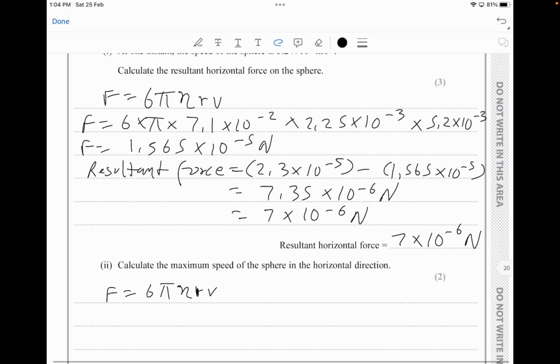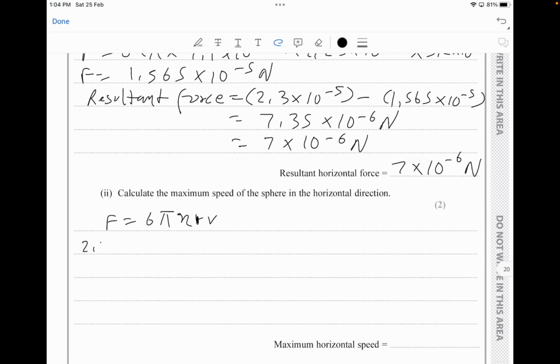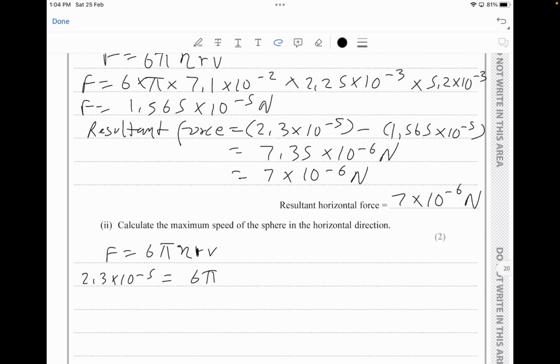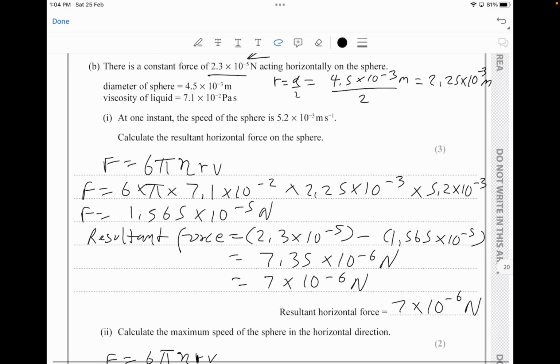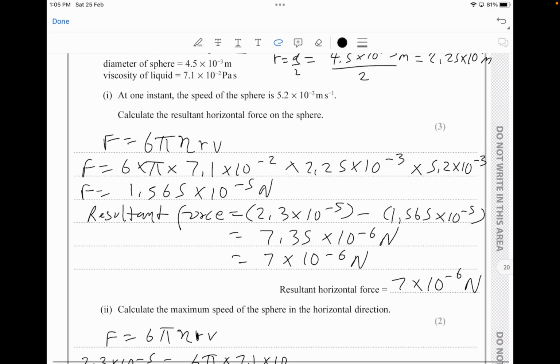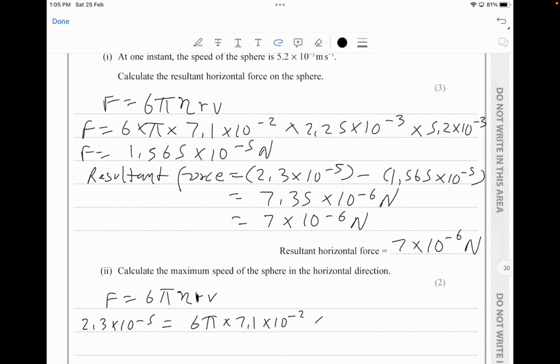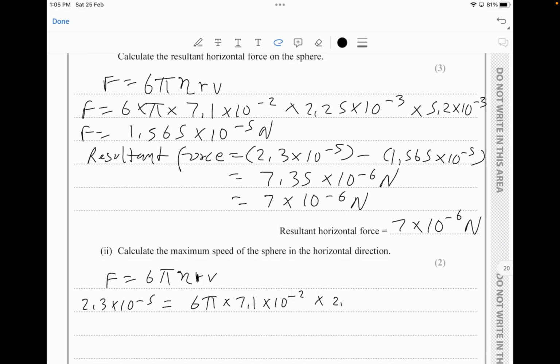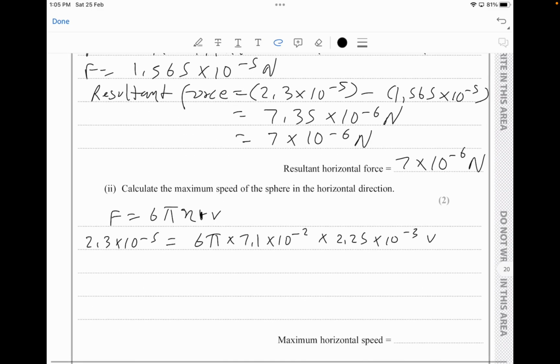We're going to use 2.3 times 10 raised to the power negative 5. So 2.3 times 10 raised to the power negative 5 is equivalent to 6 pi. The eta, we know the viscosity to be about 7.1 times 10 raised to the power of negative 2, right? Times the radius. We know the radius to be about 2.25 times 10 raised to the power negative 3. And the velocity, which is going to be v in this case.